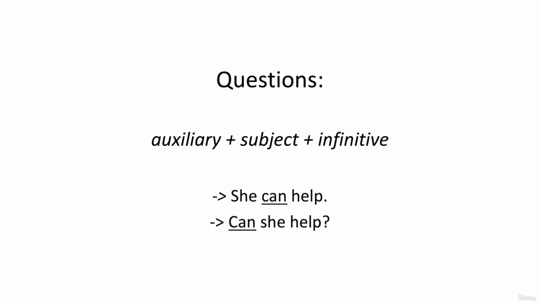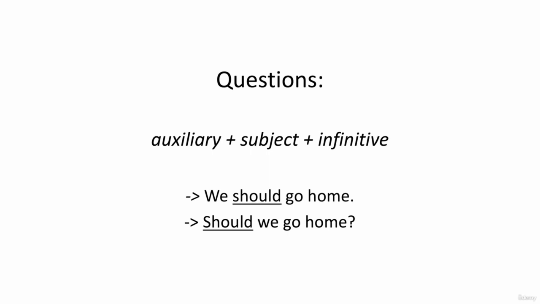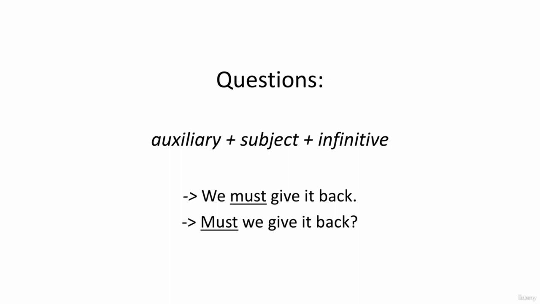When making it into a question, it becomes, can she help? We should go home becomes, should we go home? We must give it back. Must we give it back?